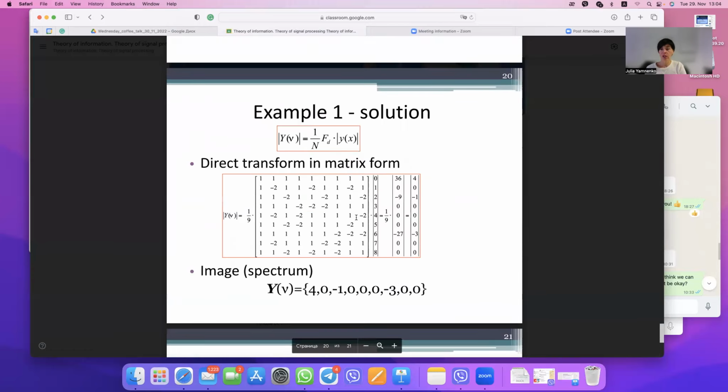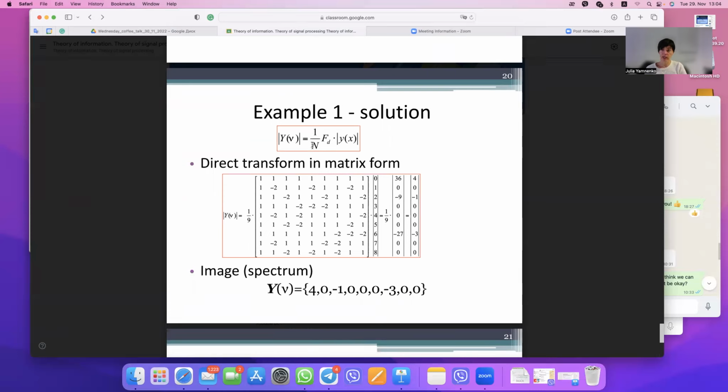How to do this? The simplest way is to do this in matrix form. Here there is an equation for the direct transform. Direct transform means that we know the original function y small from x, and we are calculating y capital from nu. And here we should use the matrix of the direct basic function phi d, and here there is the calculation.